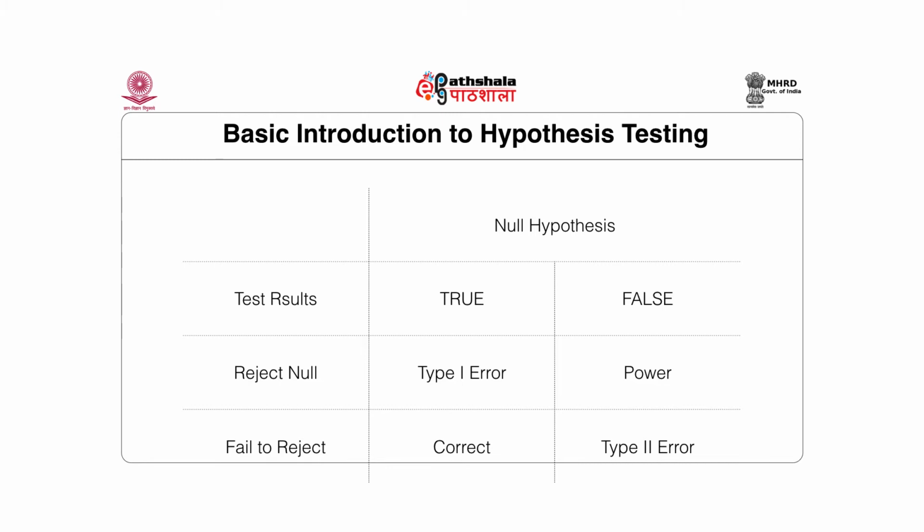And this error is a rather serious error because my intention is to establish a new truth, but in establishment of this new truth, I have committed an error which I should not have. So my test is probably not very sensitive. So how low can I go?